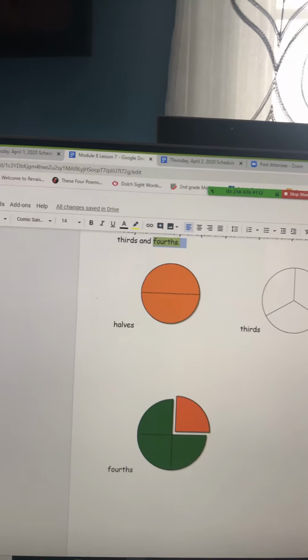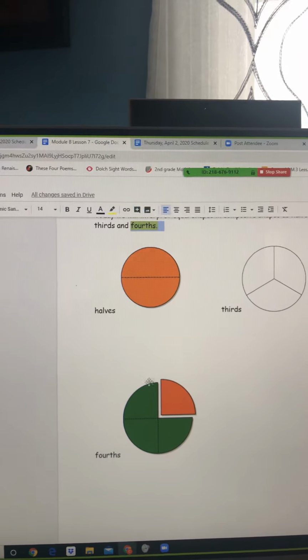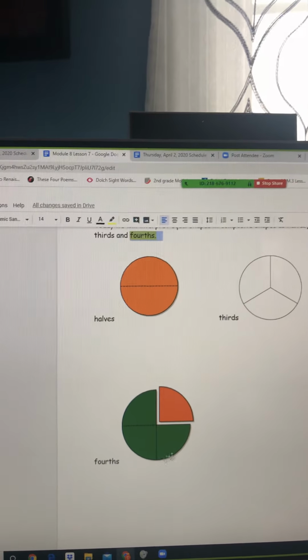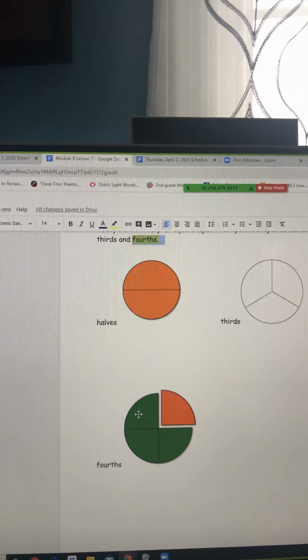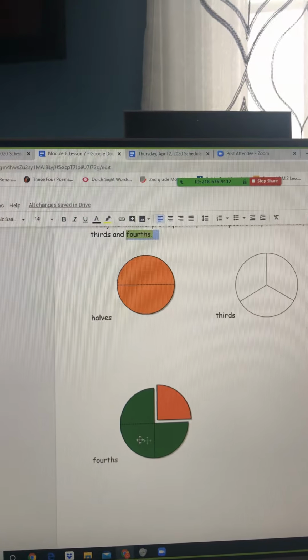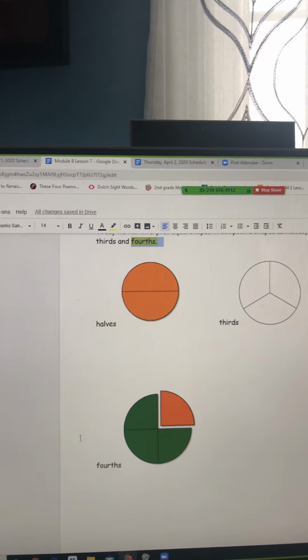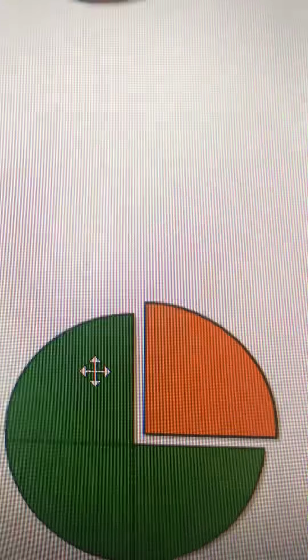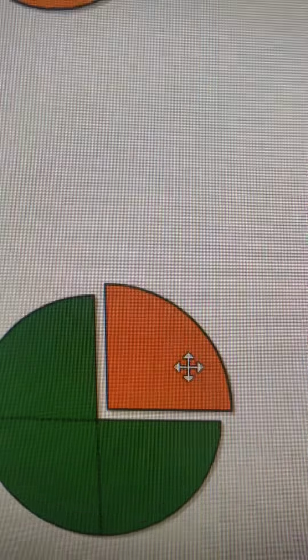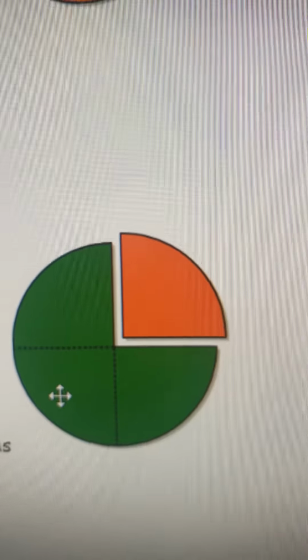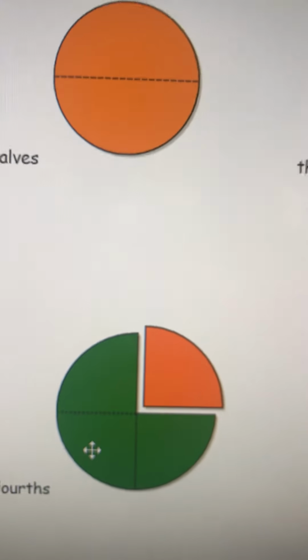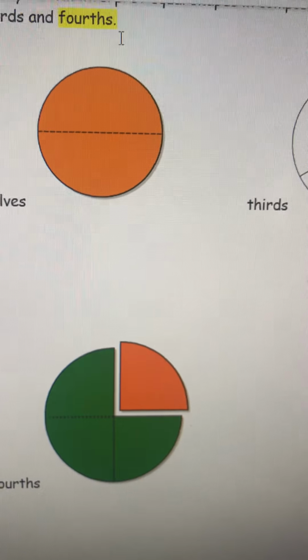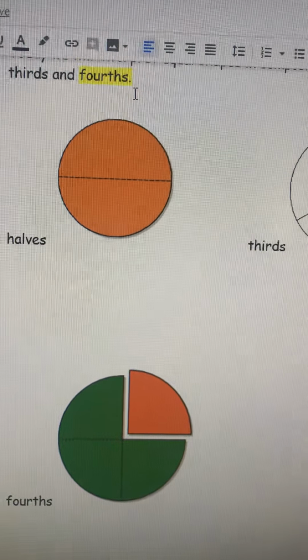Fourths is when I break a two-dimensional shape into 4 pieces that are the same size. This is fourths because I've broken up this circle into 1, 2, 3, 4 pieces that are the same exact size. So fourths means 4 equal parts.